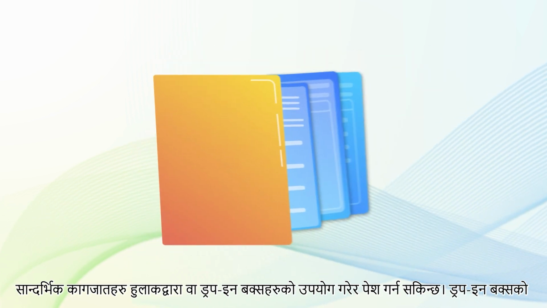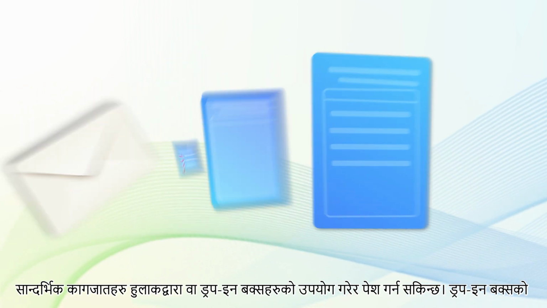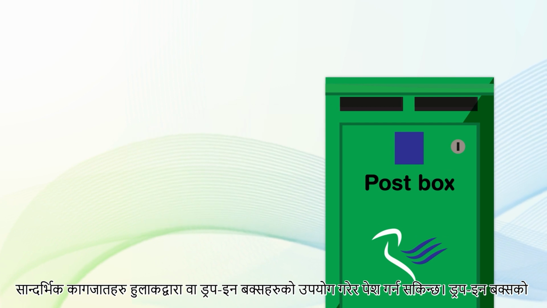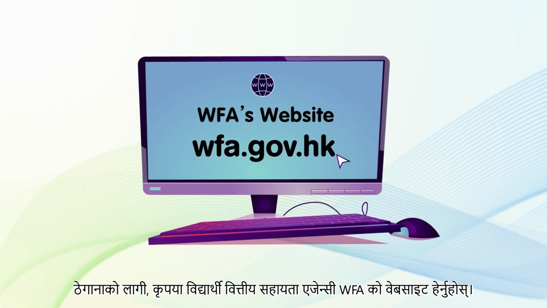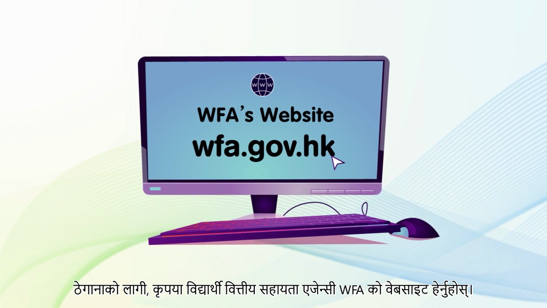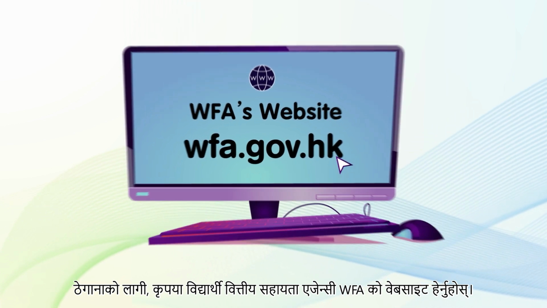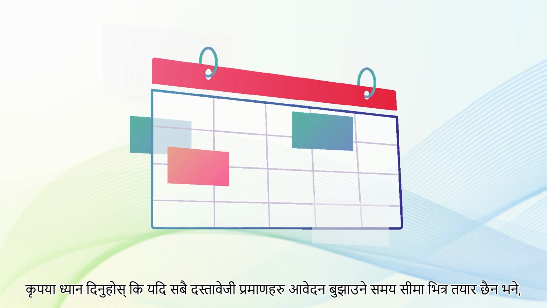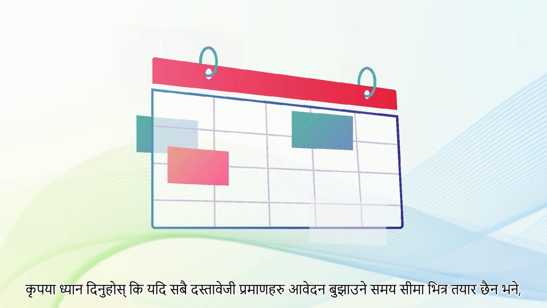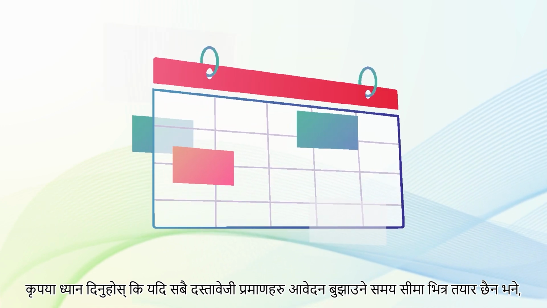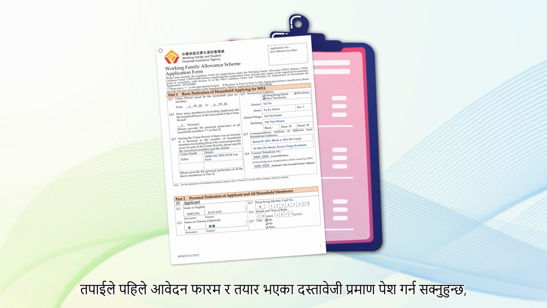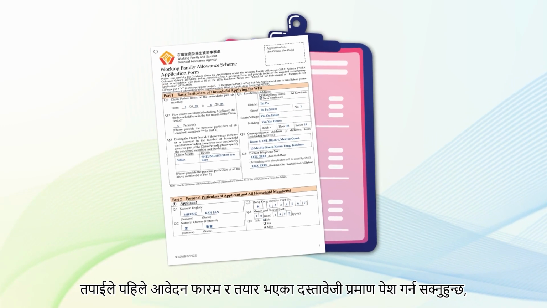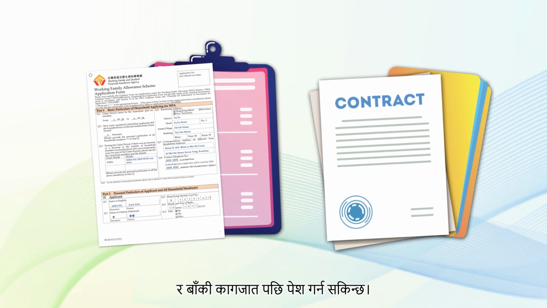The relevant documents may also be submitted by post or by using drop-in boxes. For the addresses of drop-in boxes, please refer to the DUFA's website. Please note that if not all the documentary proofs are ready by the application submission deadline, you may first submit the application form and the documentary proof that are ready, and submit the remaining documents later.